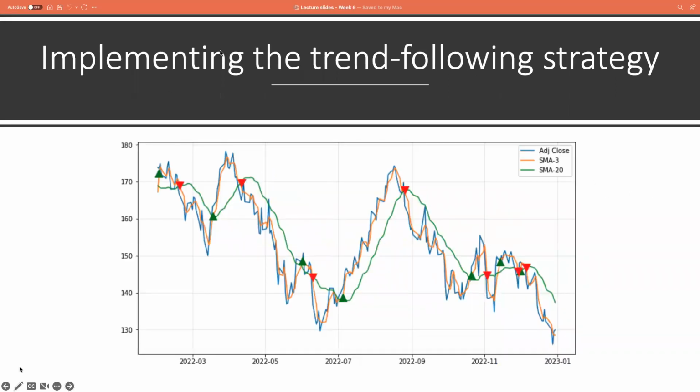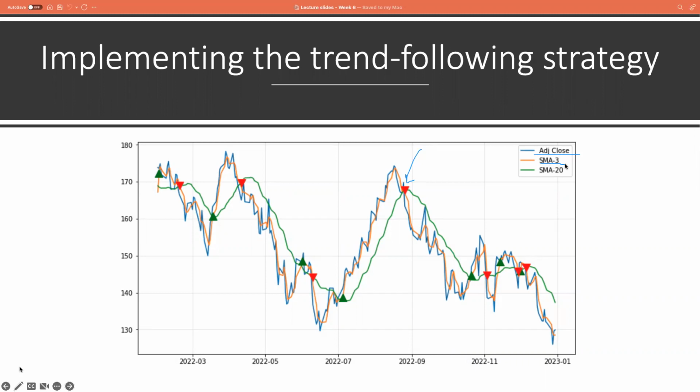Now let's talk about the trend following strategy, and this is where really the juice is. The juice is generated by the so-called crossover points. First we have the original time series, right? And based on the original time series, we create two curves.